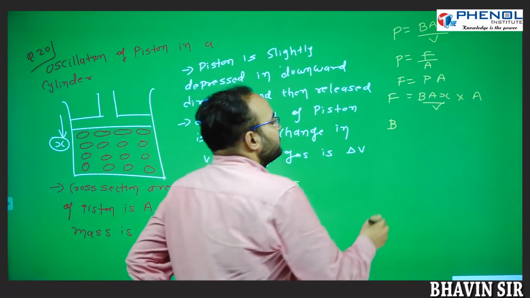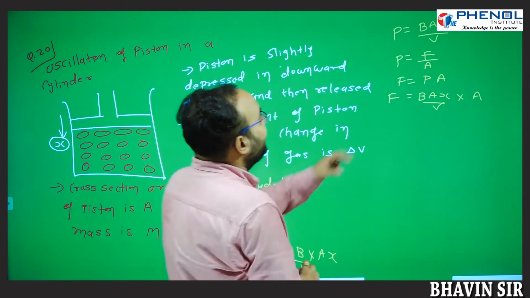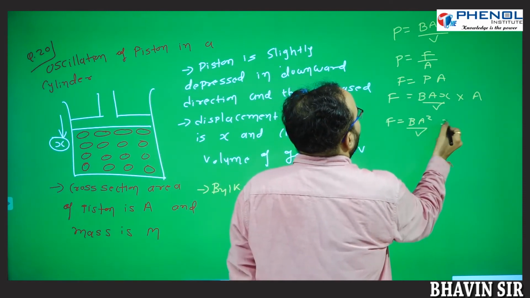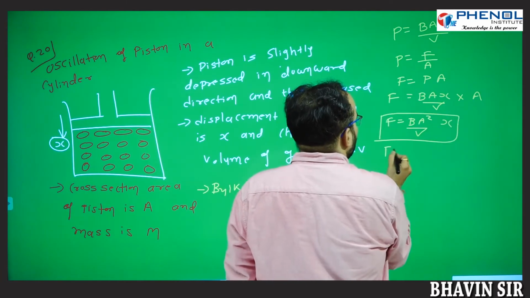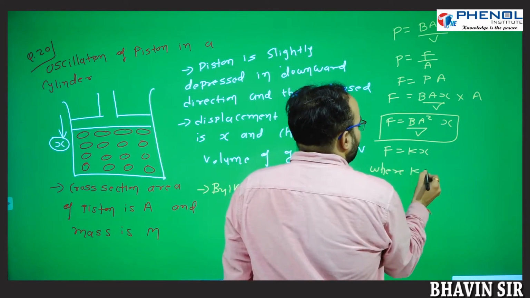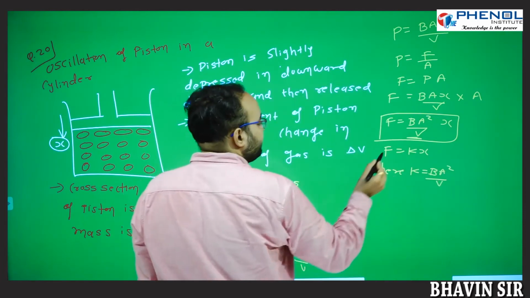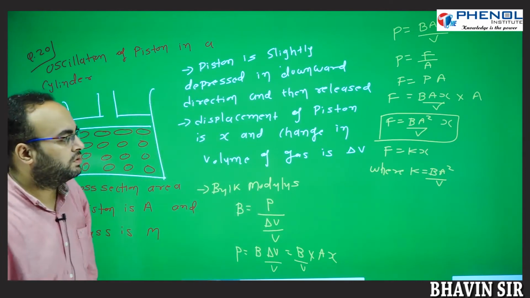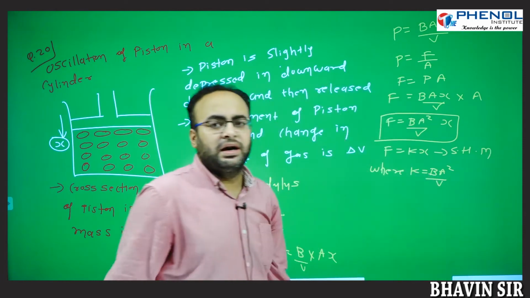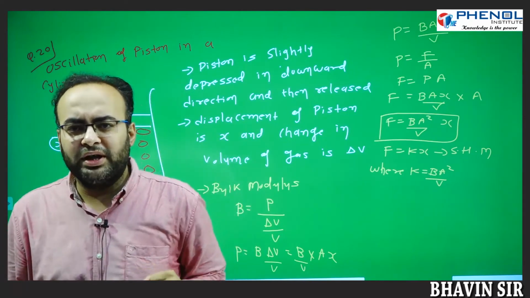So the force is B A square by V into x. So F is equal to Kx, where K is equal to B A square by V. So this is what, students? That motion is simple harmonic motion, SHM.